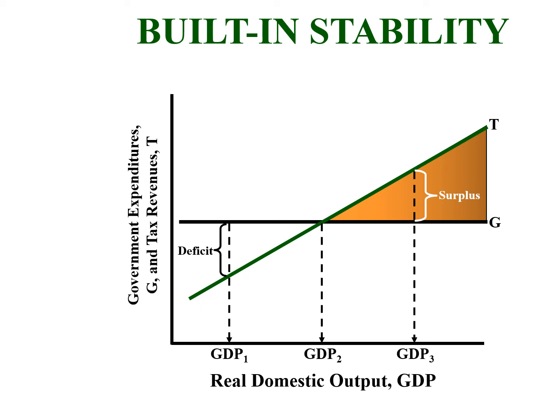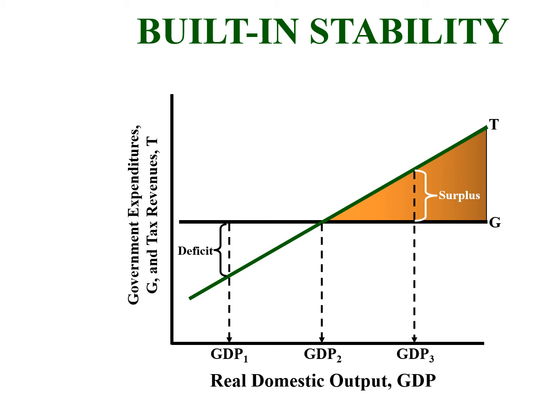So on the vertical axis, we're measuring government expenditures and tax revenues. On the horizontal axis, we're simply measuring the level of real output. Look at GDP 2 first. What's happening there? Notice that tax revenues equal government spending. That means we have a balanced budget, right?